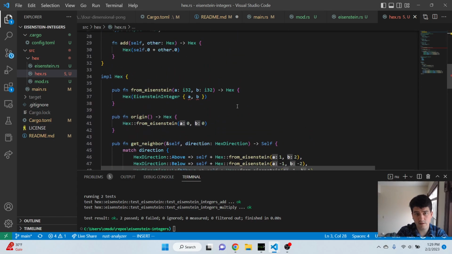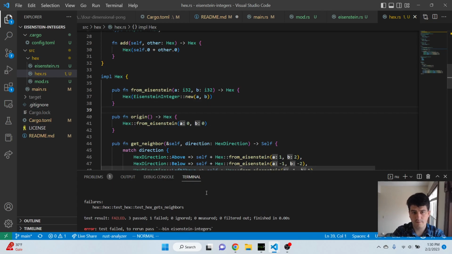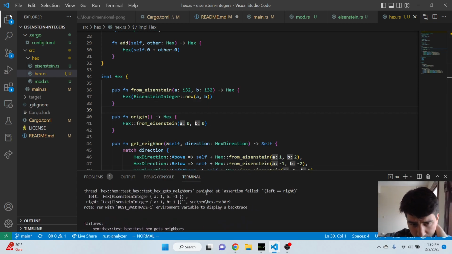What's the issue here? Eisenstein integer AB. It's private new. Okay, cargo test. Have a failure.